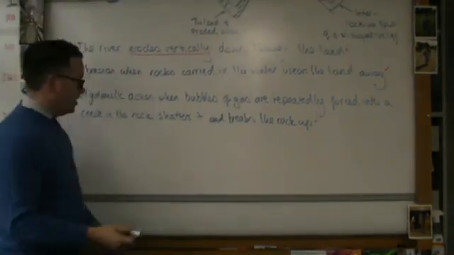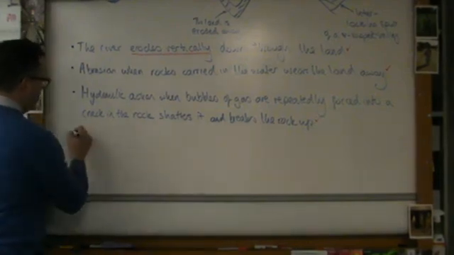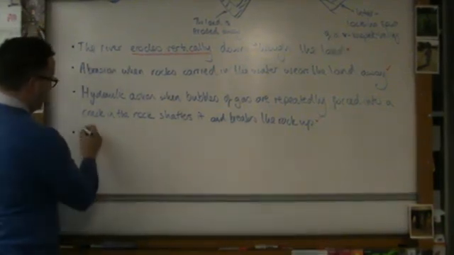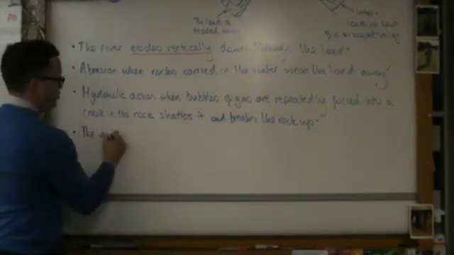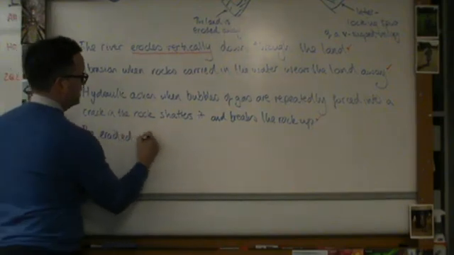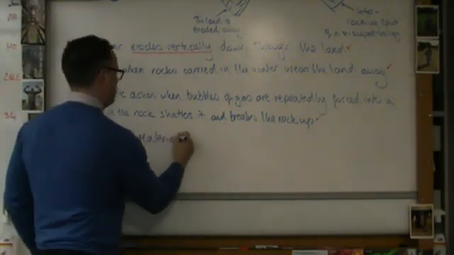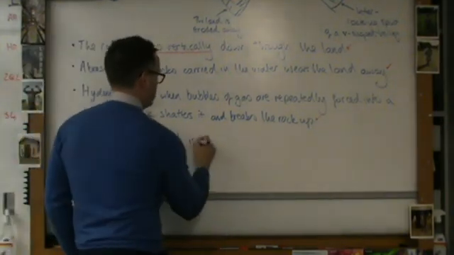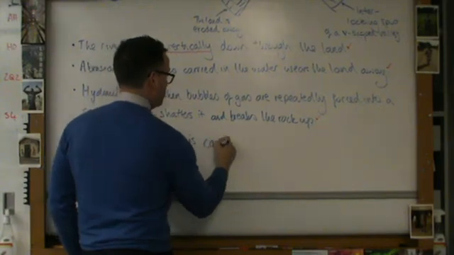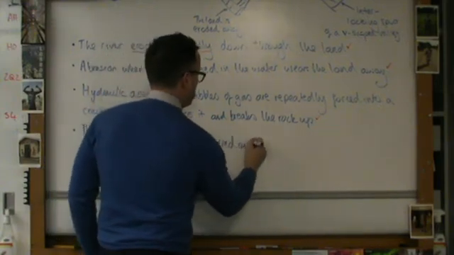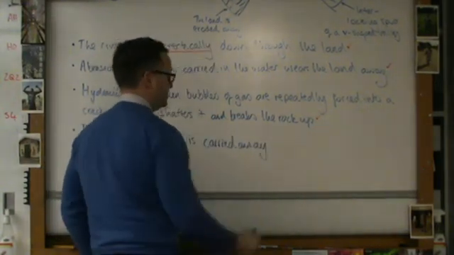And your 4th and final mark, there's a couple of ways of scoring it. One of the simplest ways is to say that the eroded material is carried away downstream.